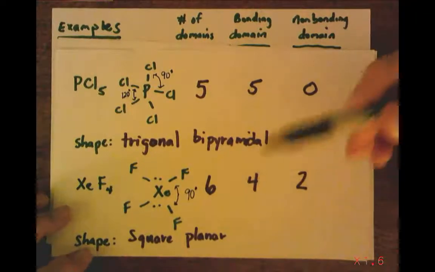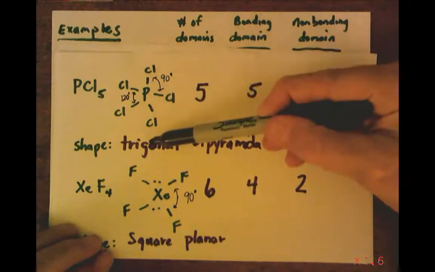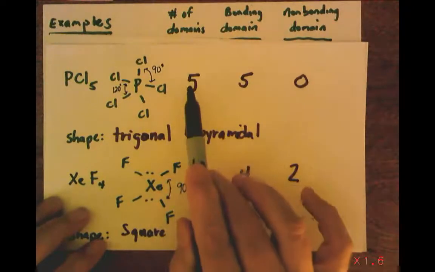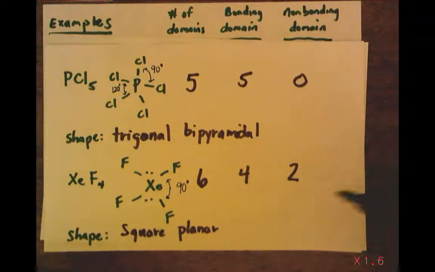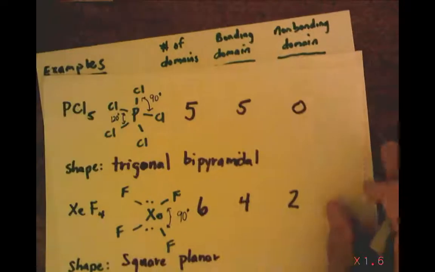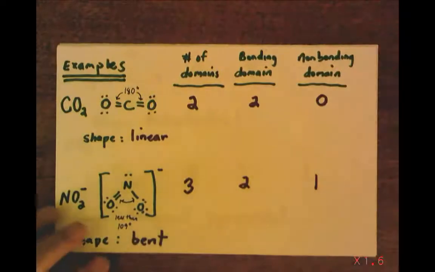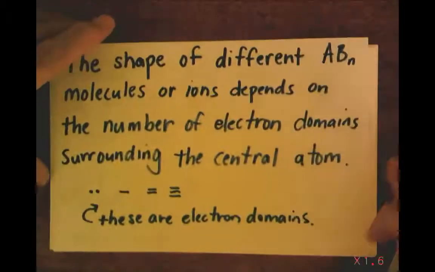But in class, I'm going to give you a handout that shows all the different examples of the different shapes broken down based on the number of total domains and then bonding and non-bonding domains. And so we'll work with that handout for a while so that we start to get used to trying to determine the shapes. And then we'll try and put the handout away and practice with just what we know. Okay?